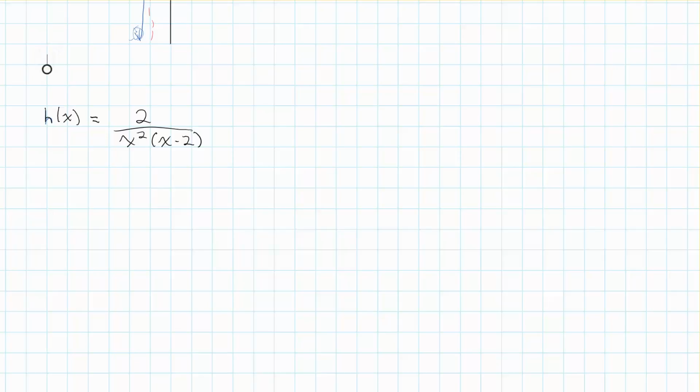Alright, so let's go ahead and start here. Well, the domain here, this is already factored, so it's kind of obvious to me. You might have to factor on some of these problems, but this one it's not needed. So it's all R except x equals 0 and x equals 2.